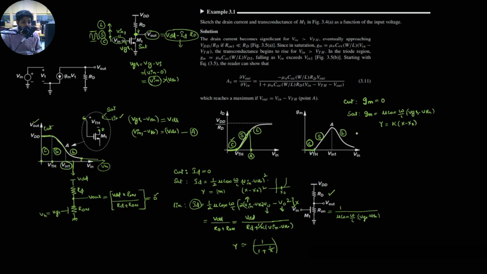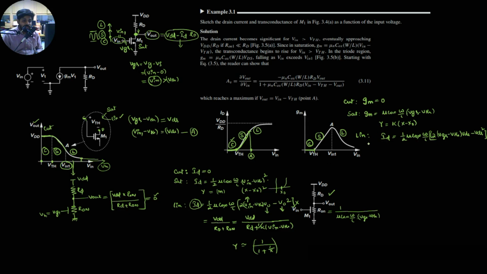In the linear region, let me identify the behavior of GM with respect to the changes of V input. The current equation, as we know, is mu COX W by L times 2 times VGS minus VTH into VDS minus VDS whole square. This is the ID equation.